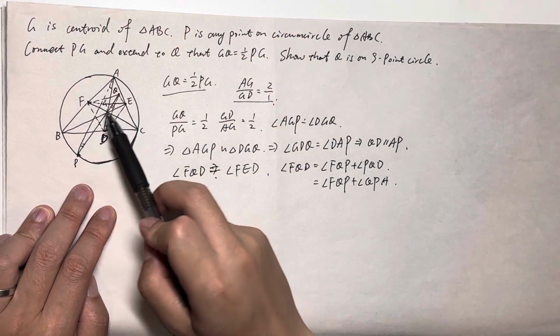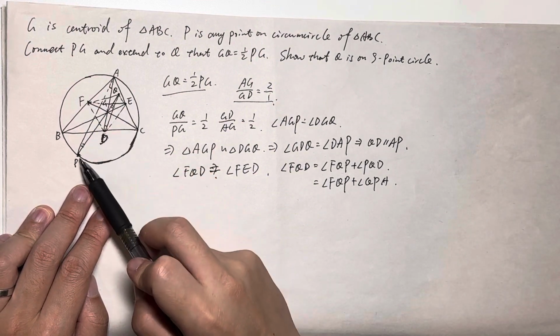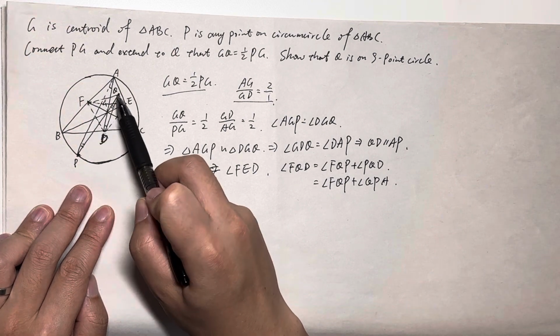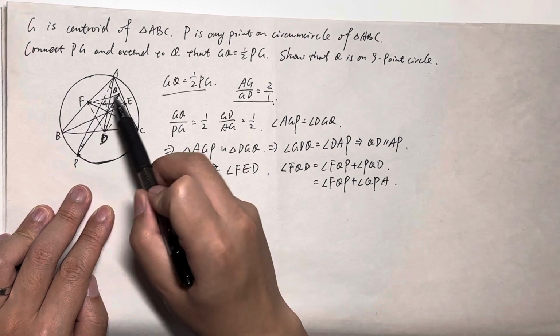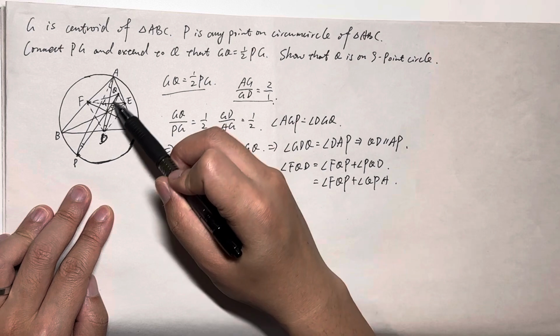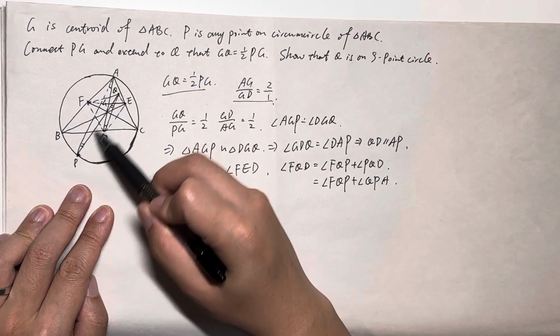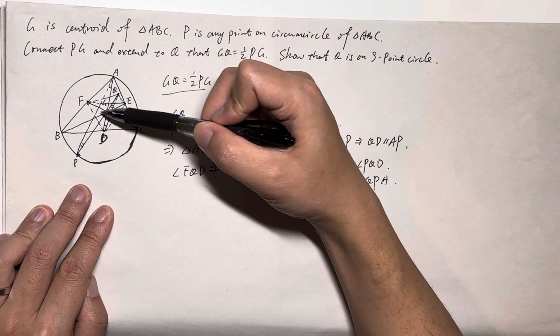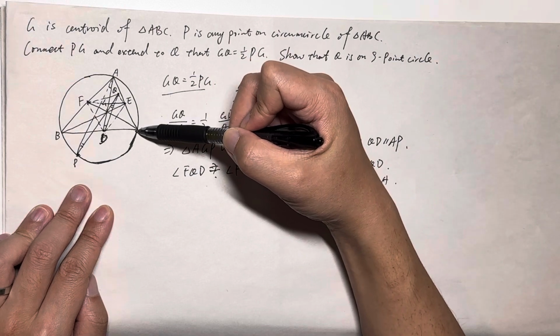Now we want to find FQP. FQP is FQG, and we already know that GQ to PG is 1 to 2. FG to GC is also 1 to 2, right?